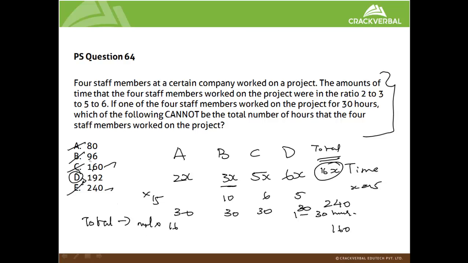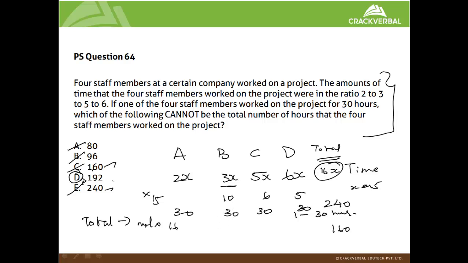And also, when you assume that 16x is 160, then x has to be 10, and that x should get you one of these 4 employees' hours as 30. For example, if you take x as 10, then this becomes 20, 30, 50, 60. So 30 we are getting for person B, the second person.